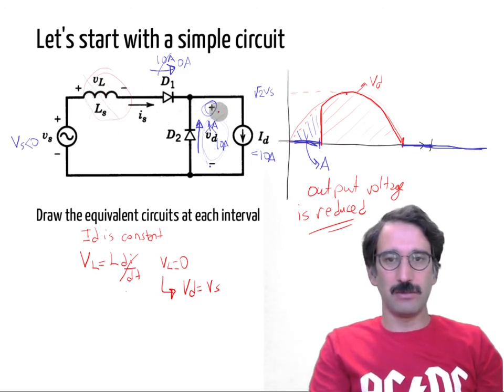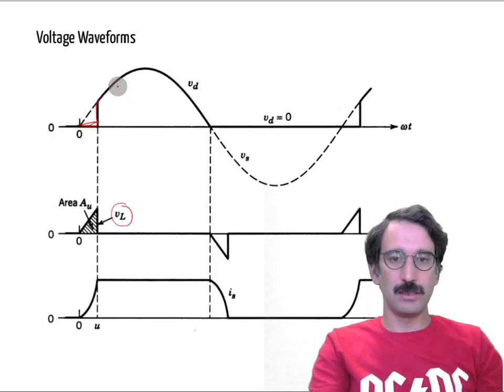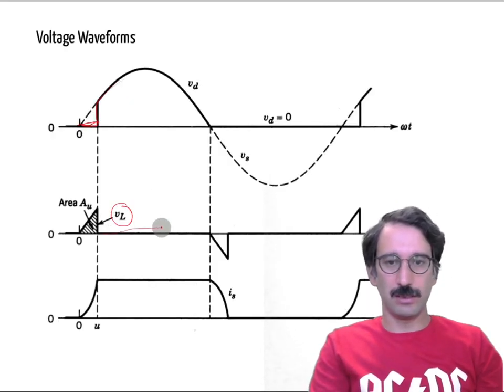But whenever commutation is finished and the current is carried by one of the diodes, the inductor voltage will be 0. So this will be 0, and again there will be some negative voltage through that time. We don't see that time. And this is the waveform that you see in the IS, the source current.